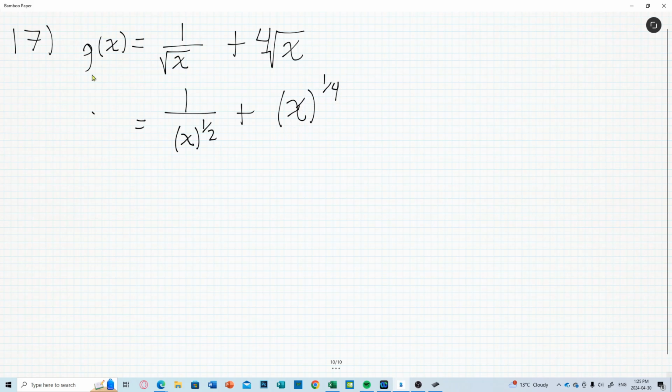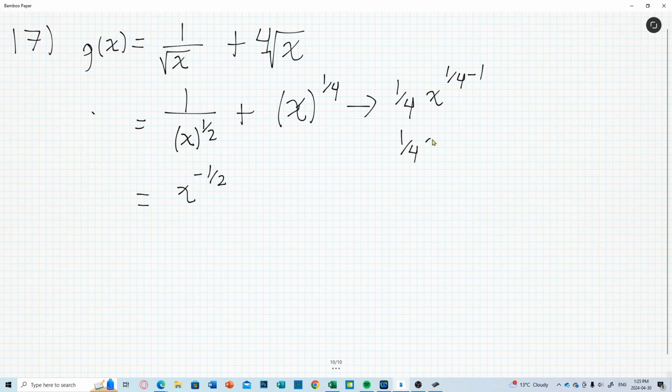Because now this should be something that we've seen a lot before, where this will just become x to the negative 1/2, and this can stay to the 1/4, and we'll do our normal routine of bringing down the exponent to make it 1/4 x to the 1/4 minus 1, which it just gets a little tricky because of all the fractions, but it's not too bad.